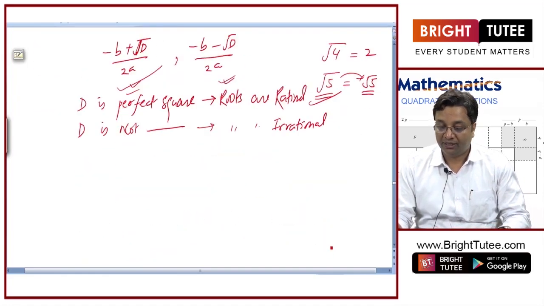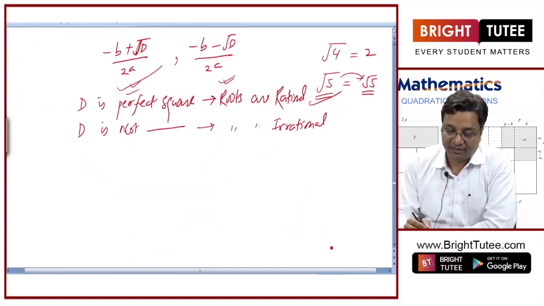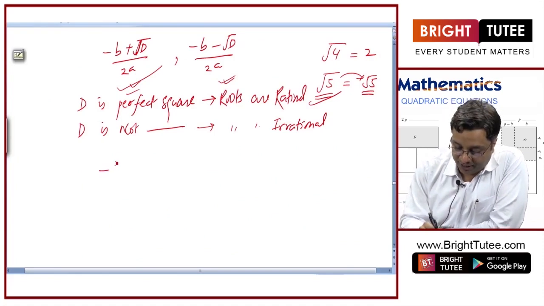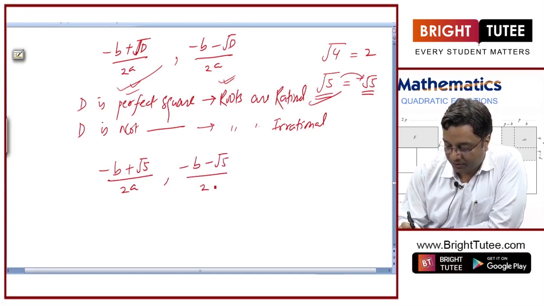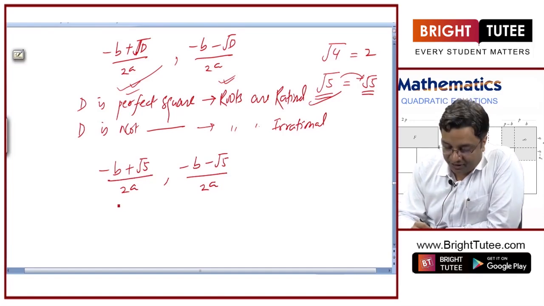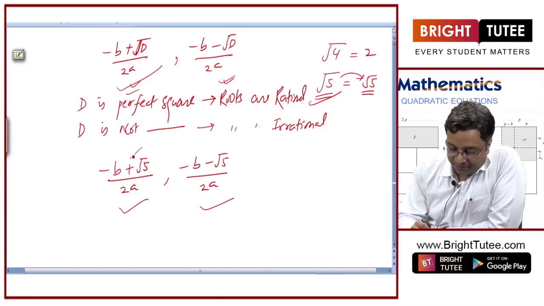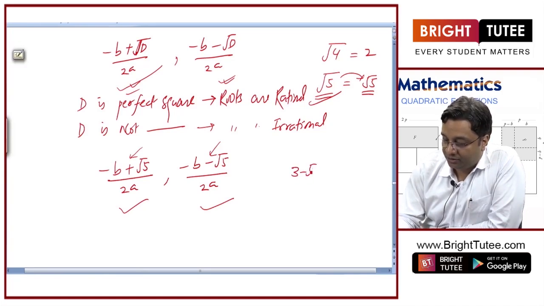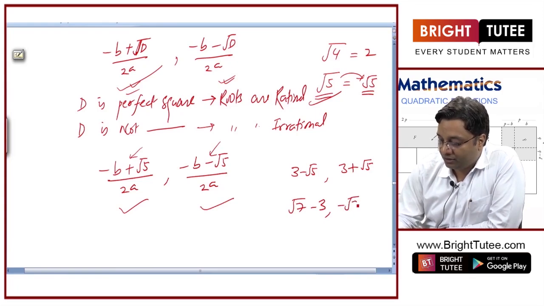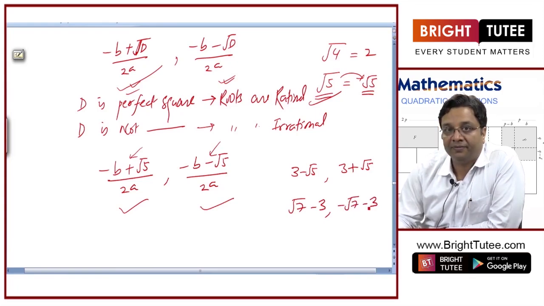And you should notice when the roots are irrational, let us say d is 5, minus b plus root 5 by 2a and minus b minus root 5 by 2a, then the only difference in these two roots is this sign. Let us say one root is 3 minus root 5, the other root will be 3 plus root 5. If one root is root 7 minus 3, then the other root will be minus root 7 minus 3.